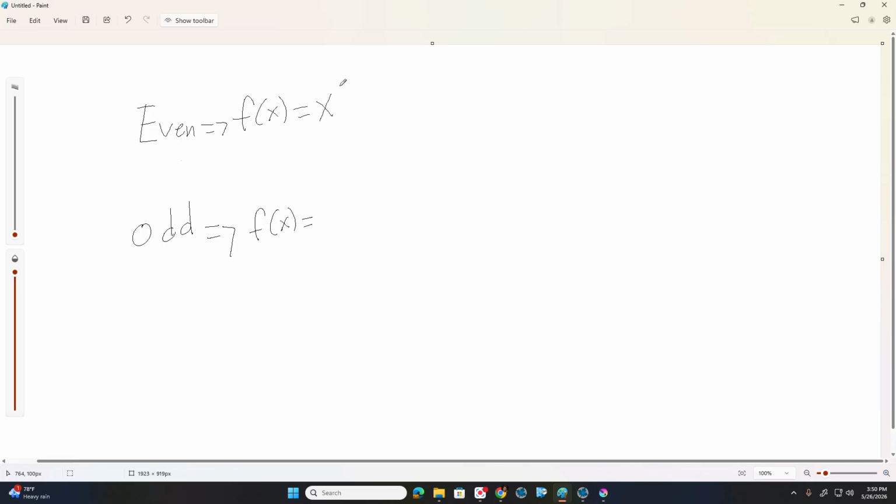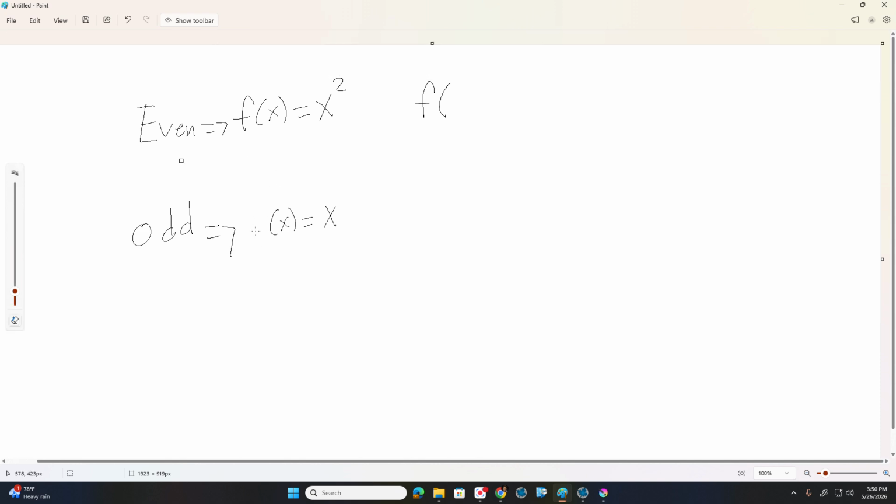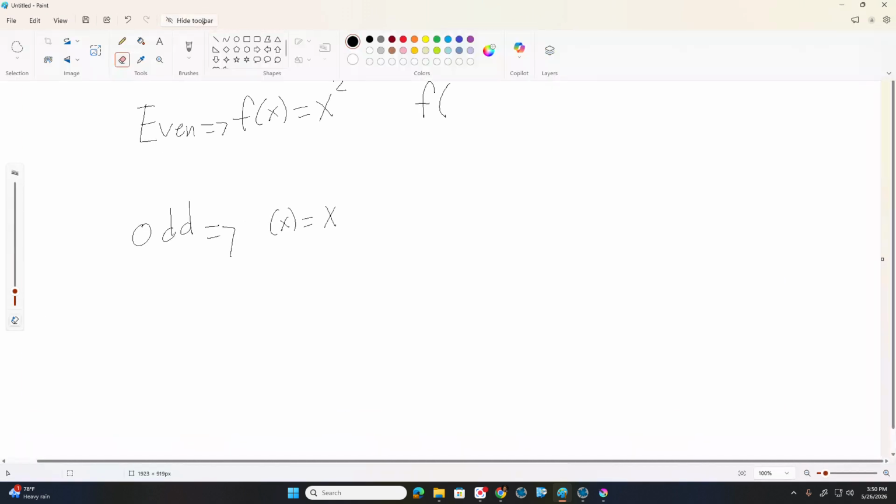So for even, we're going to go x squared, and for odd, we're going to go just x. And there's an important relationship. Notice on an even function like what I've given you, hopefully I can get better at using this online whiteboard. We'll call this one f, we'll call this one g.